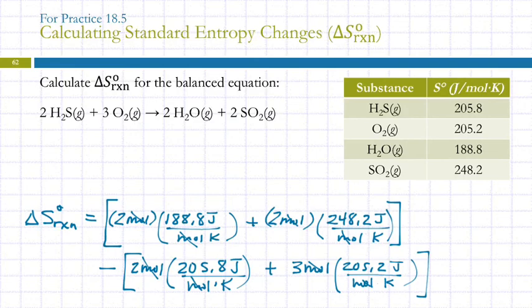So 2 times 188.8 plus 2 times 248.2 minus the quantity 2 times 205.8 plus 3 times 205.2. So I'm getting negative 153.2 joules per Kelvin.